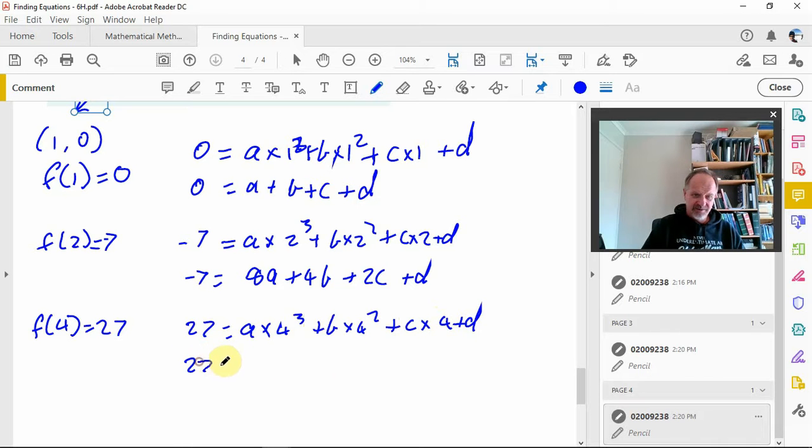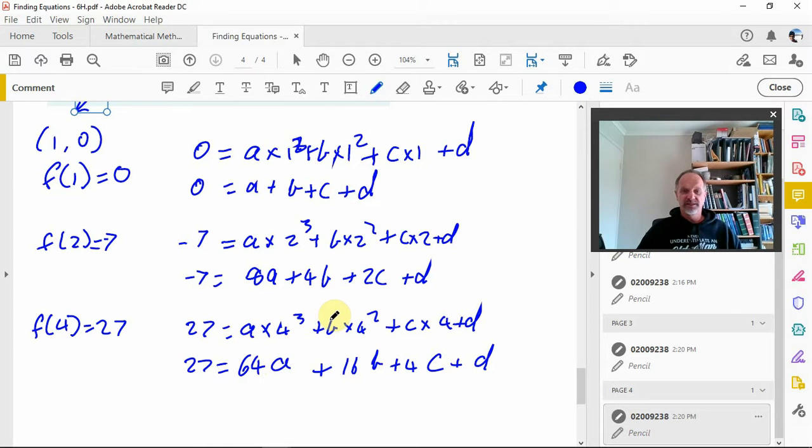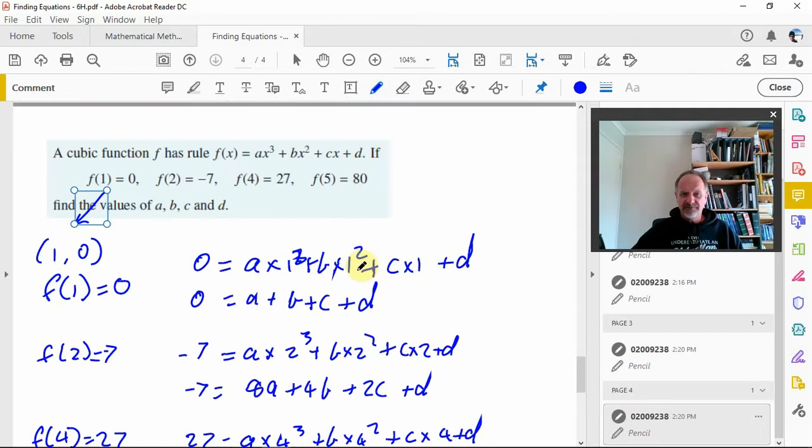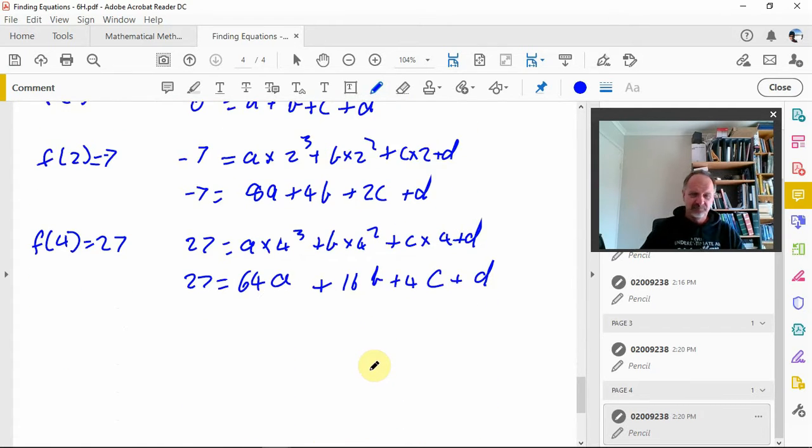So 27 equals, come back to that one. All right, 4 cubed, 64. So 64a, that is. 4 4s are 16 times 4. Yes, it's 64. All right, there's another equation. Then we've got f of 5 equals 80.